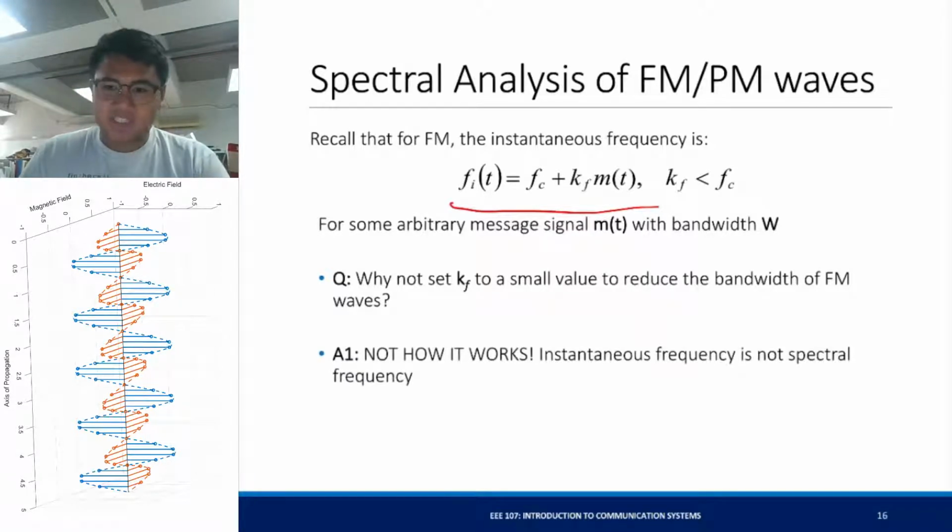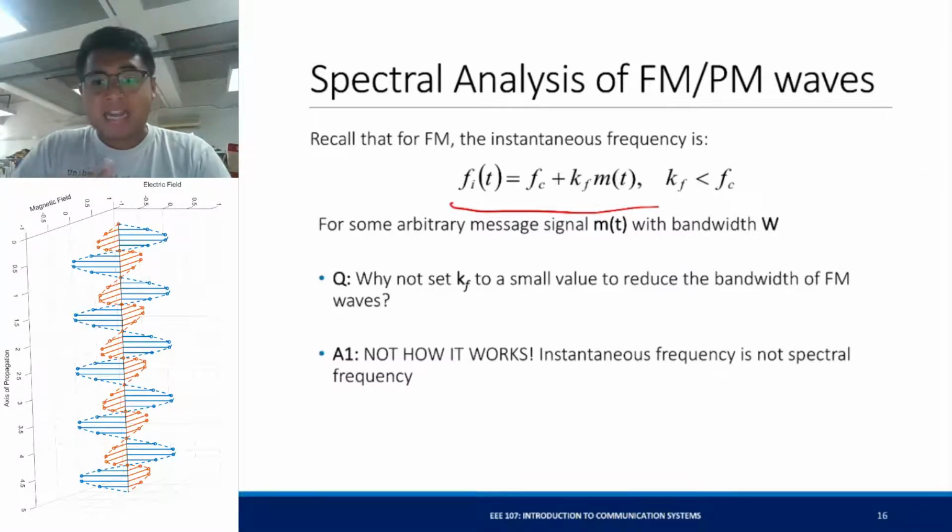That's not how it works. The instantaneous frequency is not the spectral frequency. So even if your FM wave just shifts in frequency, the total frequency content of the signal is not taken from the instantaneous frequency. That's why it's instantaneous frequency, right?